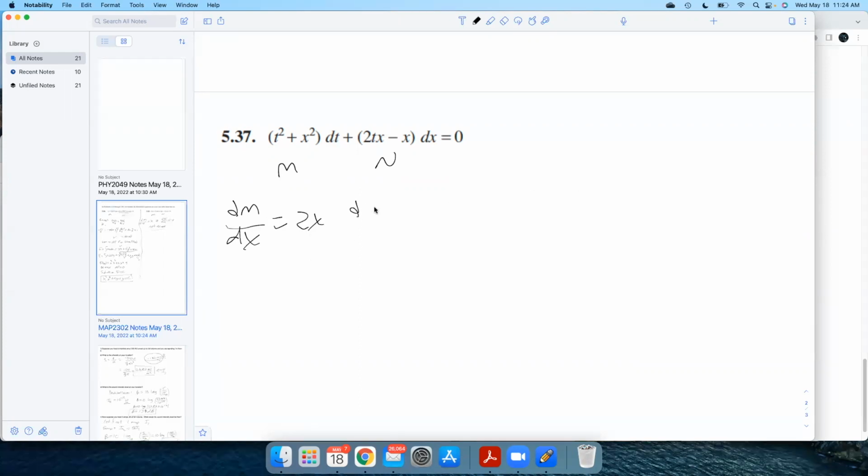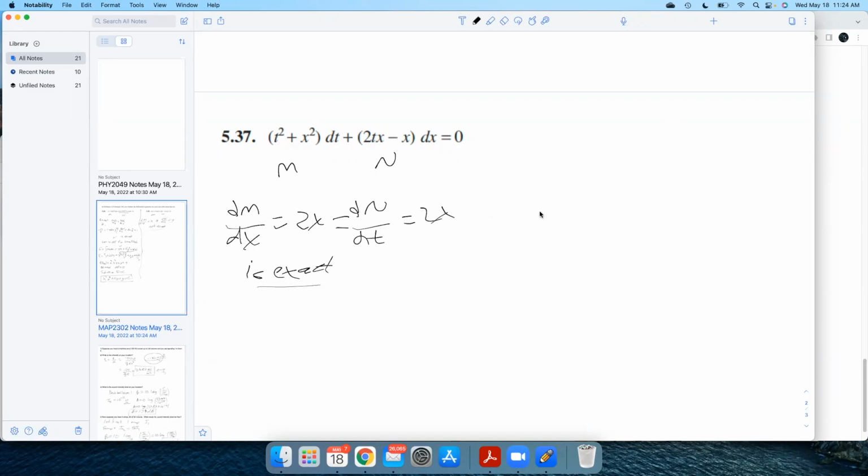And partial N with respect to the other variable t would also be 2x. Remember, x is a constant as far as t is concerned, because we're doing partials here. Those are the same. So this guy is exact.